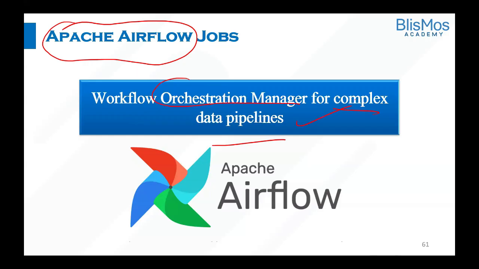Whenever you are building complex data pipelines, use Apache Airflow for managing the orchestration of those pipelines. Orchestration, as we already discussed, means controlling, monitoring, the flow, multiple aspects of the whole pipeline.